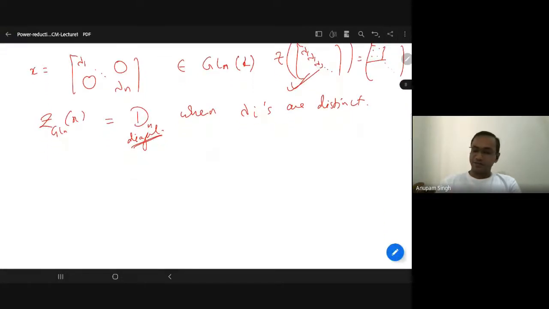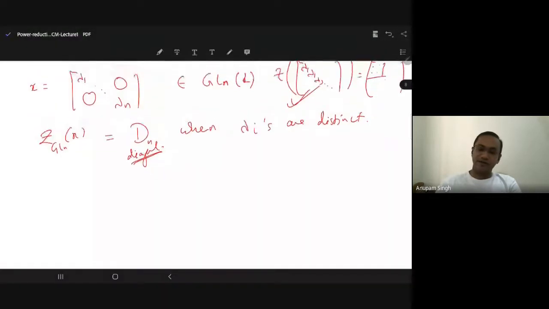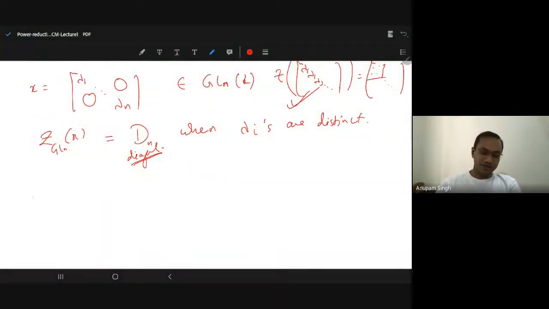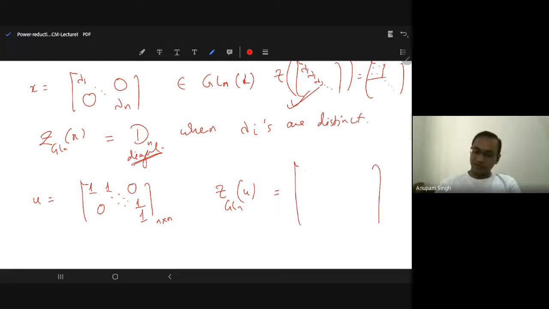And the other example, which is the example of a regular unipotent element, you can think of, let's say, a full size Jordan block. So this is a unipotent element. I'm thinking of an n by n matrix. And if you look at its centralizer of U in GLn, this is something like one particular constant on the diagonal, then the same thing on the diagonal above, and then something like this.